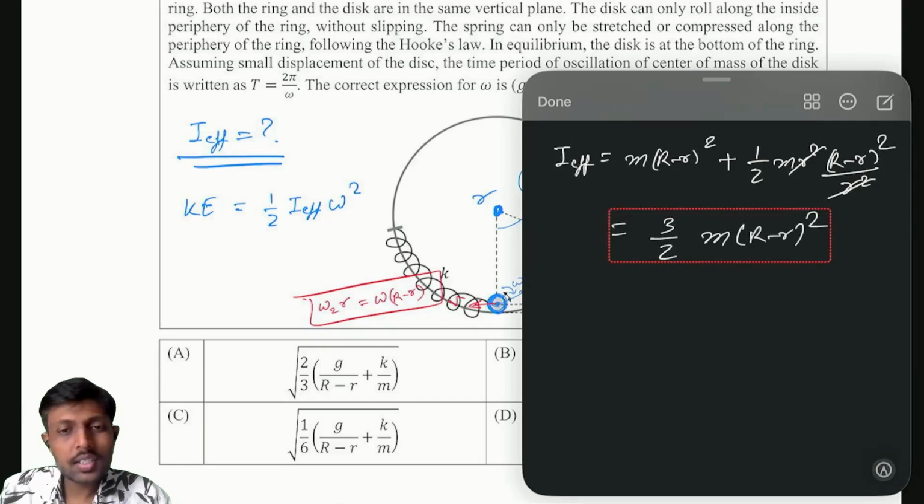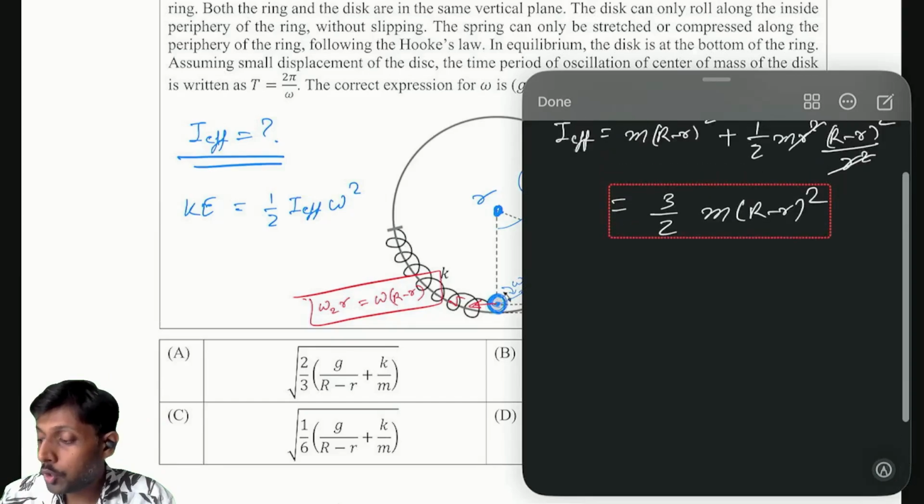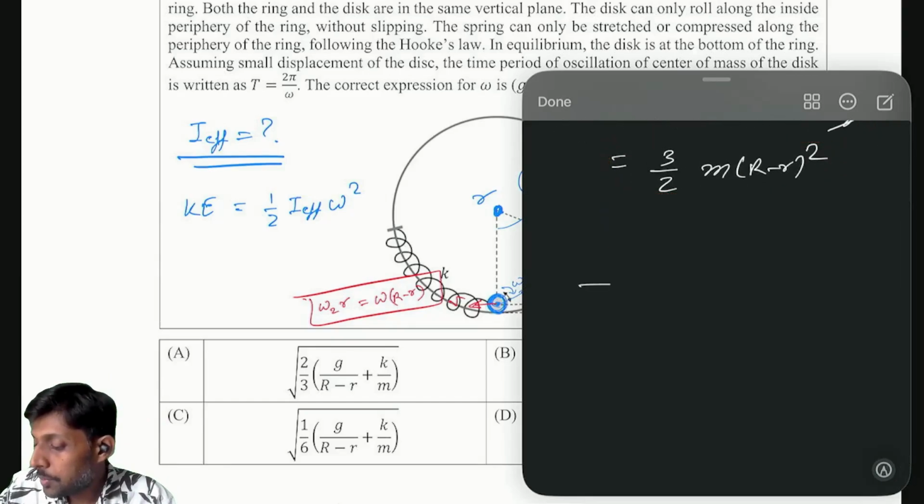So this is your I effective. We have to use this I effective where? In the expression for torque.